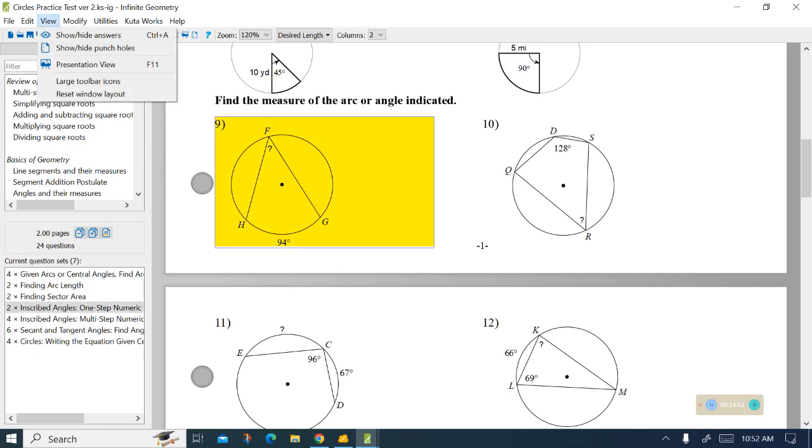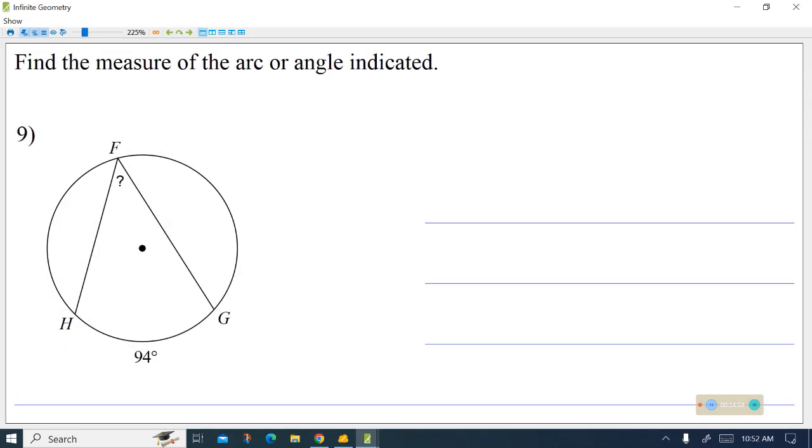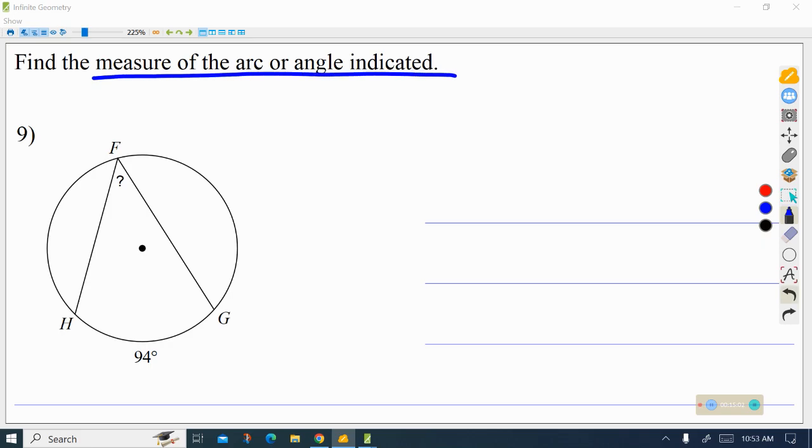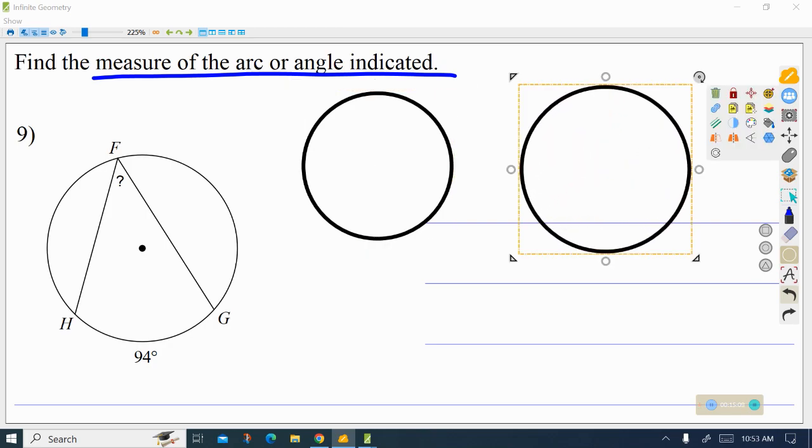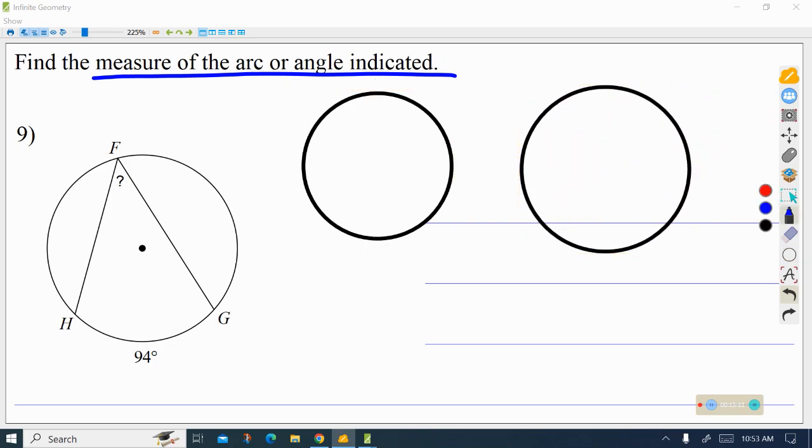Number 9. So we're looking at inscribed angles now. We want to notice the difference between what we were just doing. Our central angles and inscribed angles are totally different. So let's understand the difference.